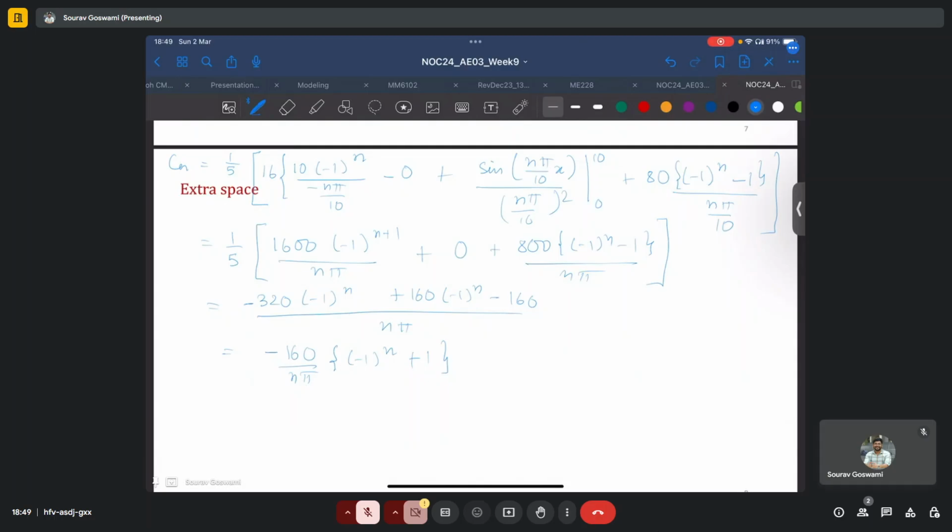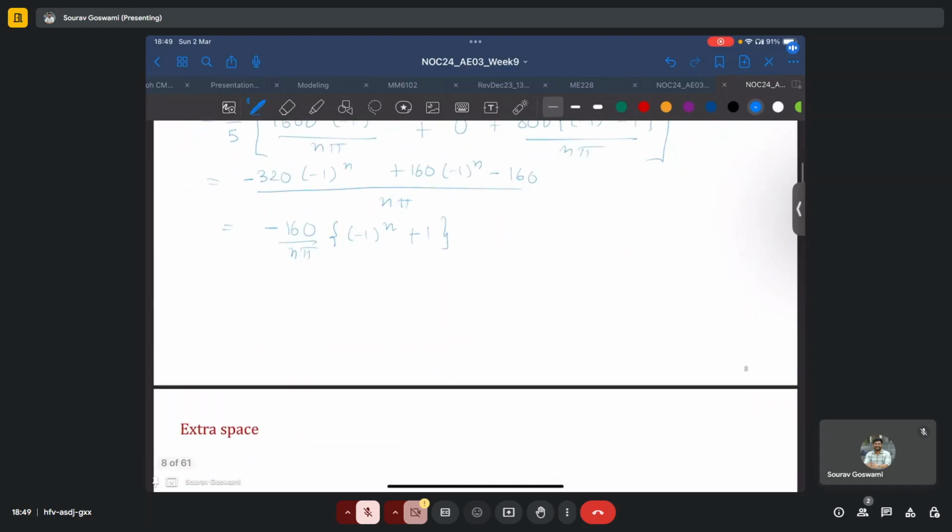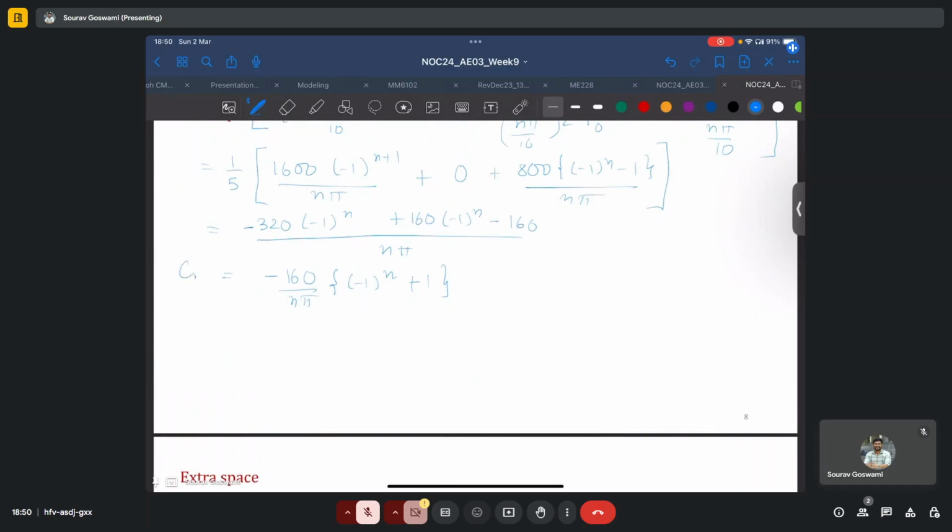Yeah, this is it. And now we have the coefficient, so this is actually equal to Cn.